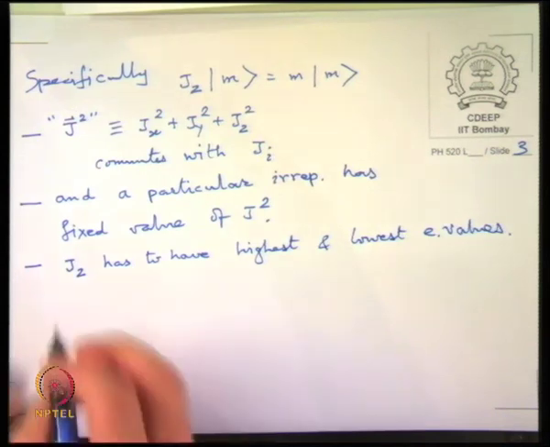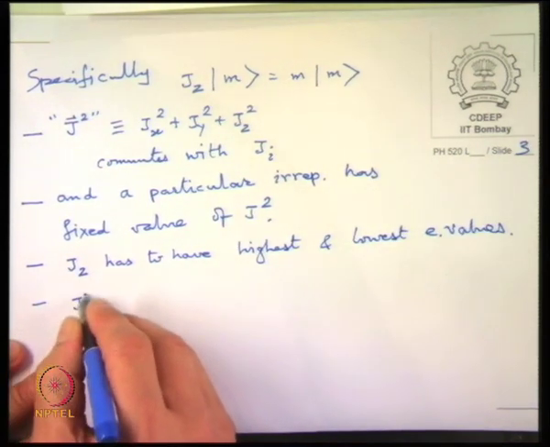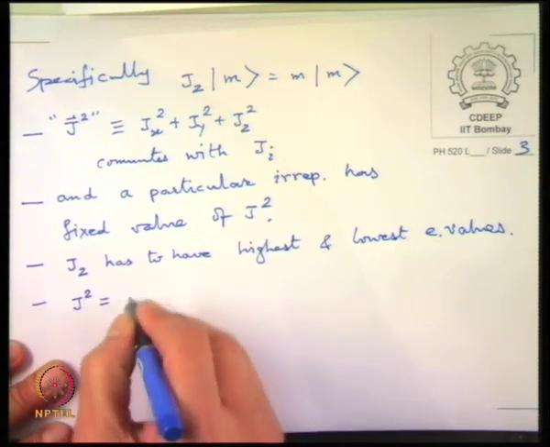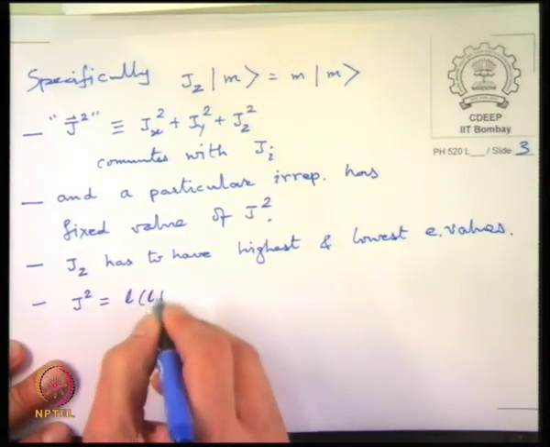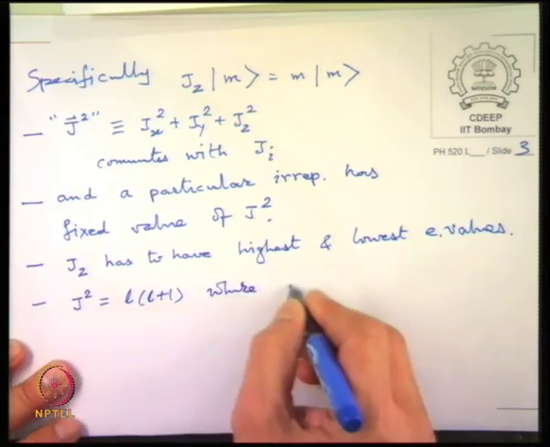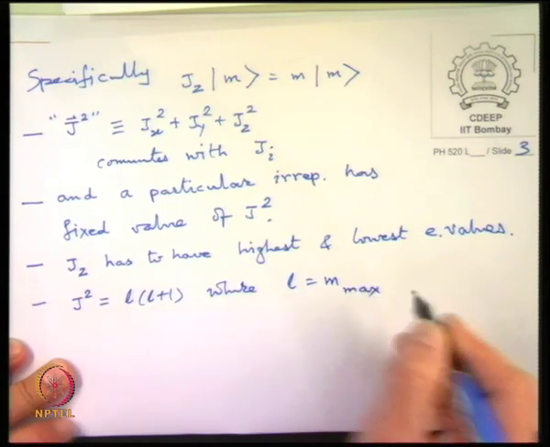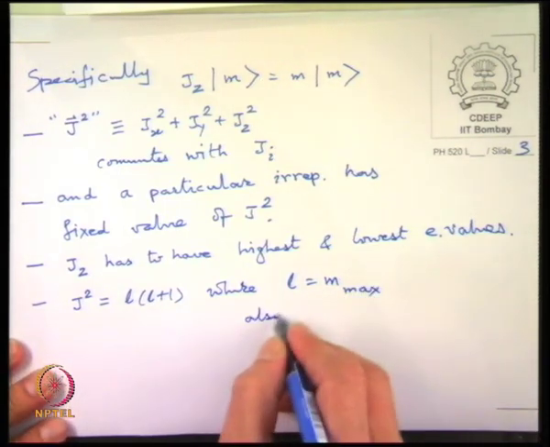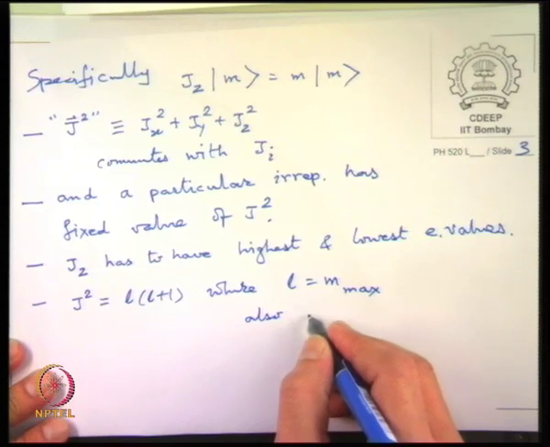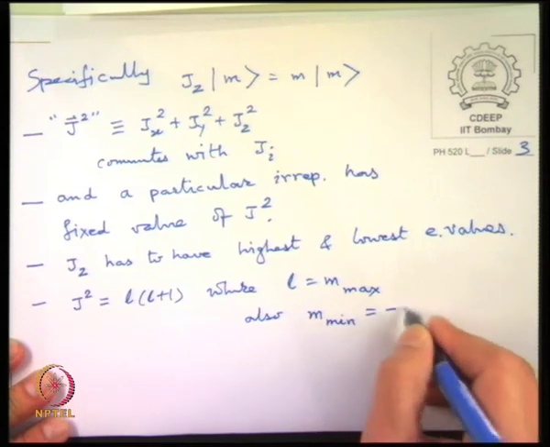And then we could also prove that J squared is equal to L into L plus 1, where L equal to m max. Also m min equal to minus L.